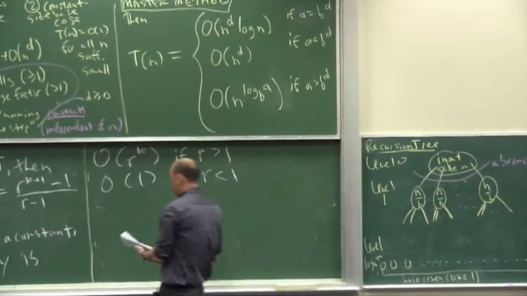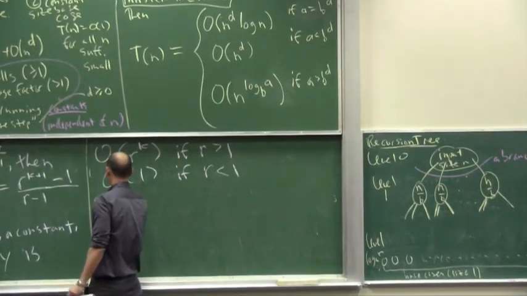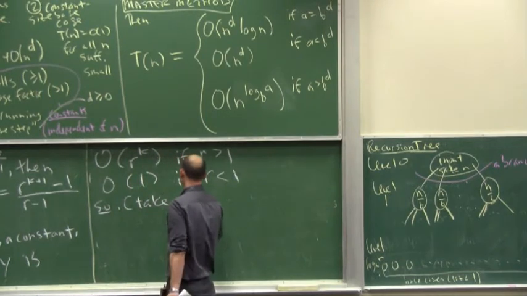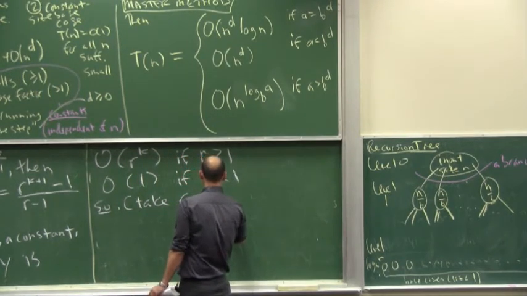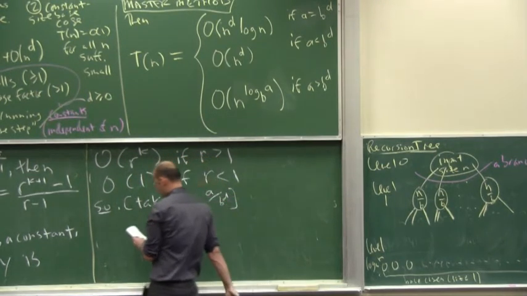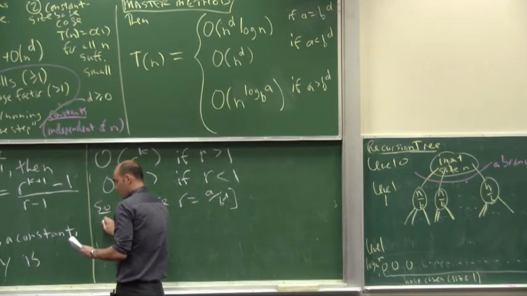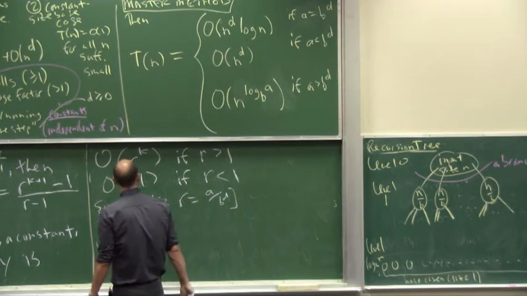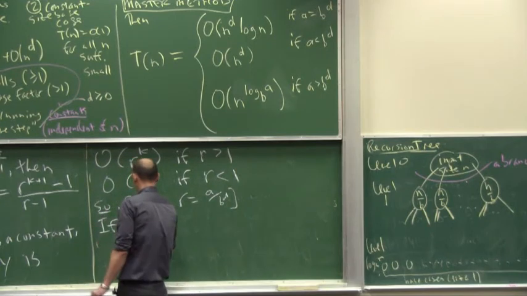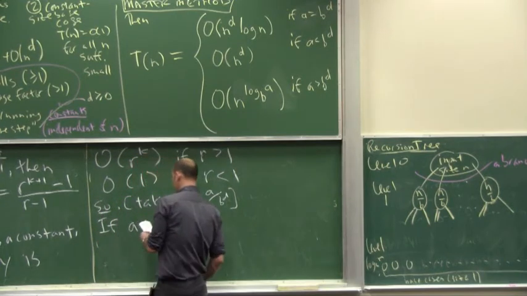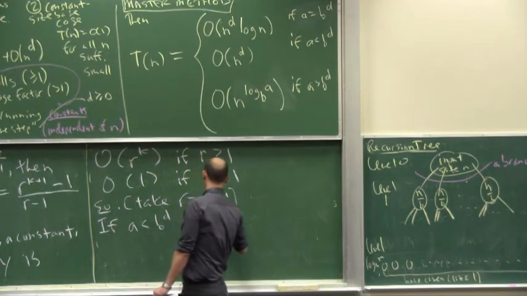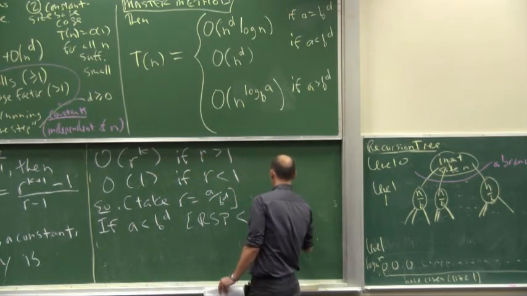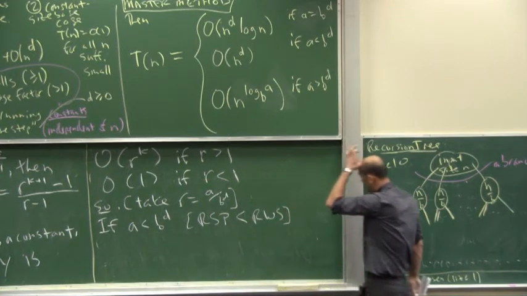All right, so taking R to be the ratio of A and B to the D, first of all, for the second case, if A is less than B to the D, that is, the rate of subproblem proliferation is outpaced by the rate at which the work per subproblem shrinks.